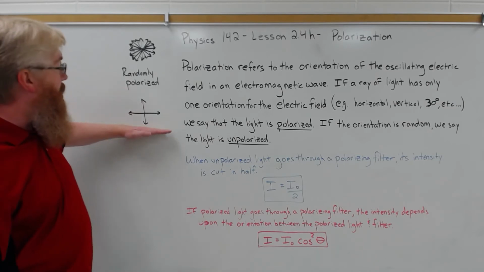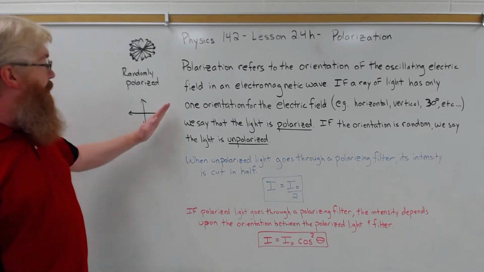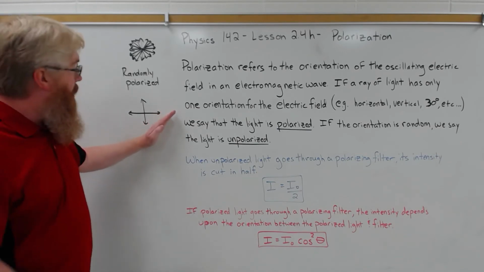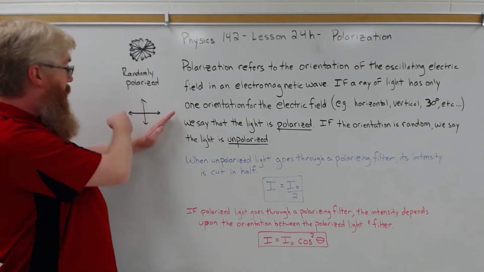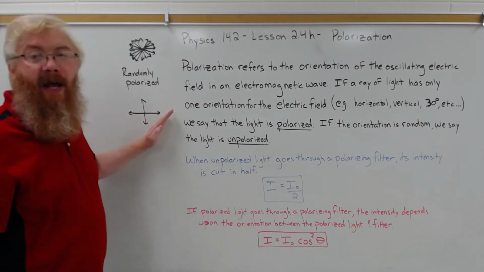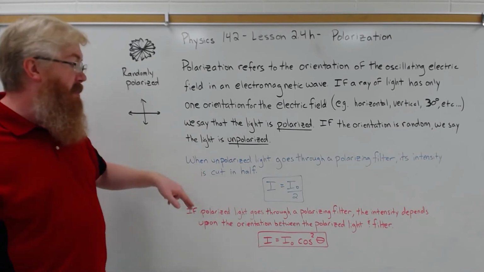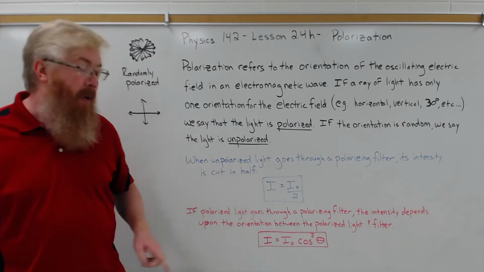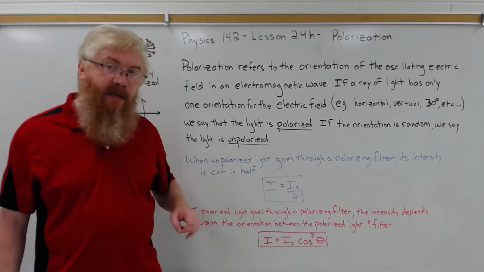If I put it through a horizontal filter, the horizontal component will go through, the vertical component won't. If I put it through a 45-degree angle, the vertical component in the orientation of that angle goes through. The horizontal component in the orientation of that angle goes through. Half the light goes through in all cases. So the equation is very straightforward. The intensity of polarized light when you start off with unpolarized light is just 1/2.